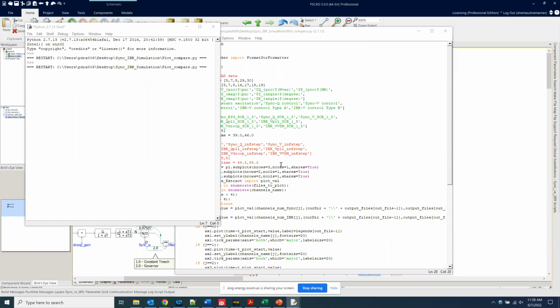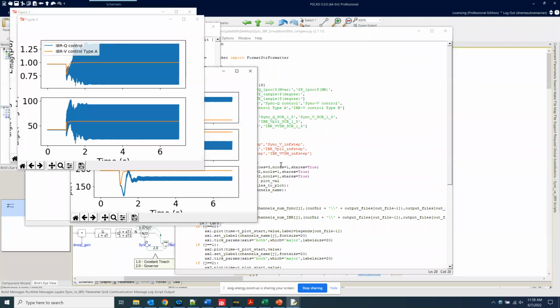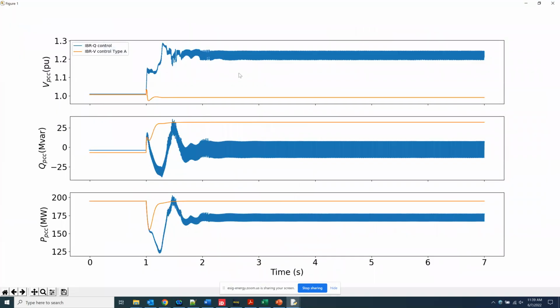Because the job of controlling voltage and controlling frequency, or providing voltage response and providing frequency response, is at the plant level, which is slower. So when you have a system where you have more of these resources doing reactive power control at the inverter level, then you start seeing instability.